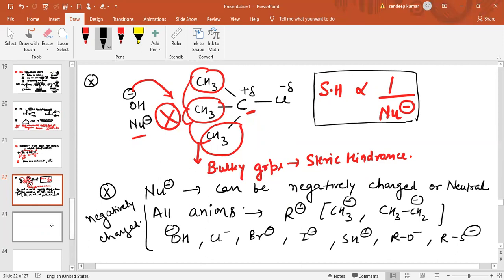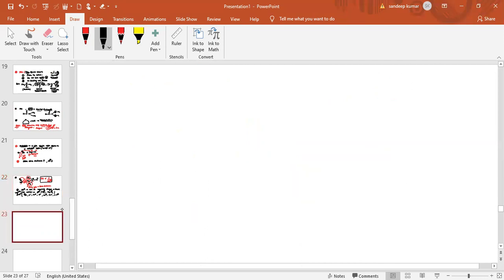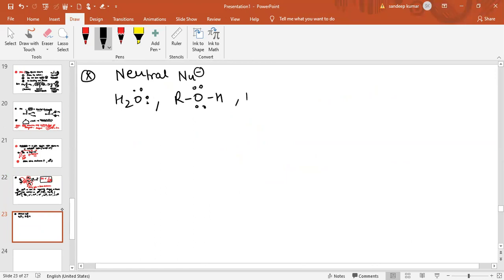In the same way, nucleophiles can be neutral. So what are the neutral nucleophiles? For example, like water, on oxygen there is lone pair, electron rich. Like alcohol, on oxygen there is lone pair. Like ammonia, on nitrogen there is lone pair.